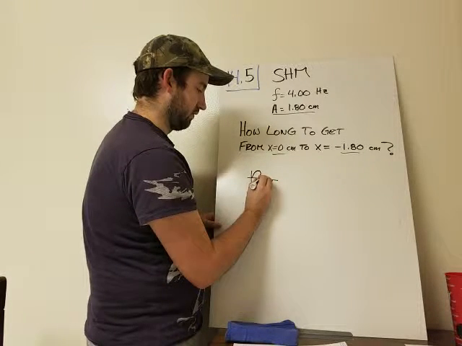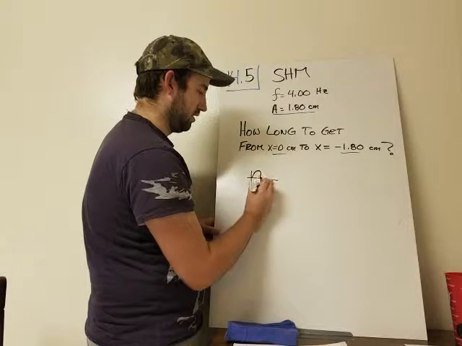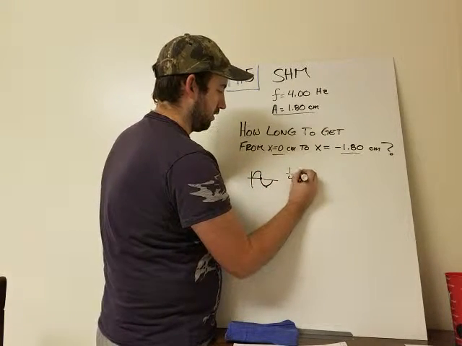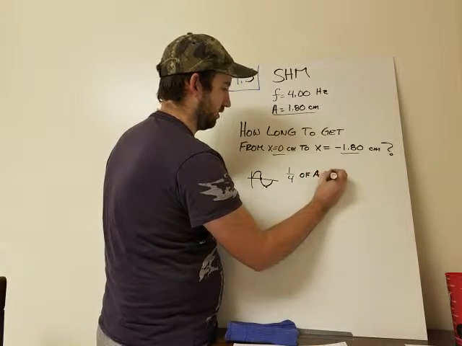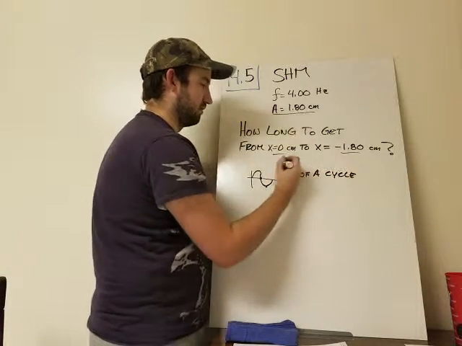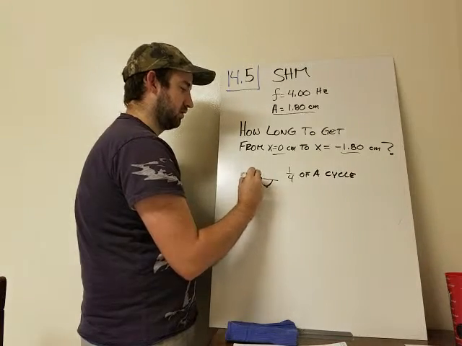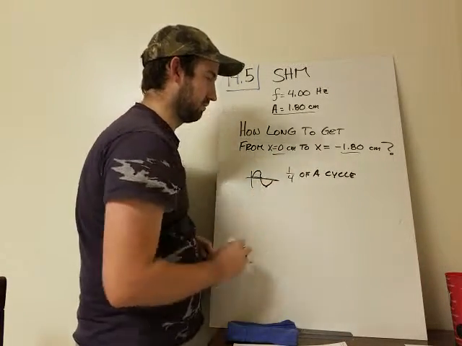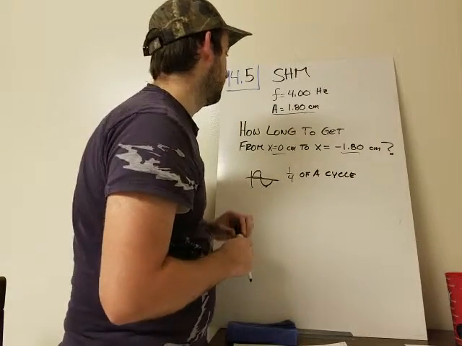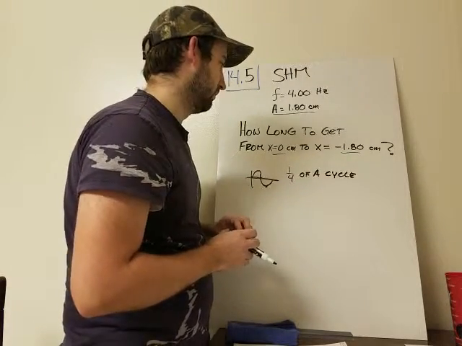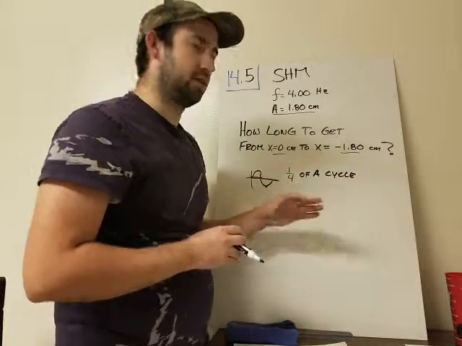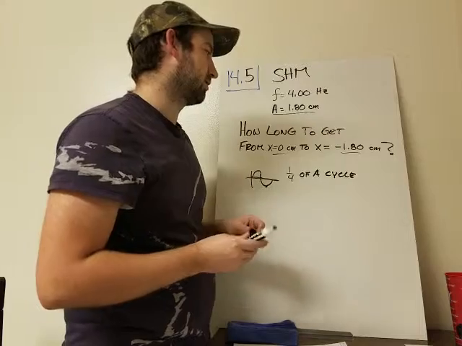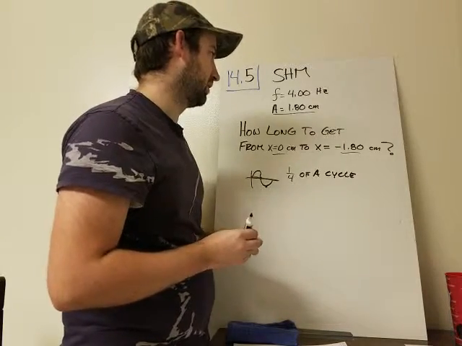But if it's only going from here to here, that's only 1/4 of a cycle to get from the median, the middle, which in this case is 0, to the extreme. So we know that it's going to be 1/4 of a cycle, but we don't know how long a cycle is quite yet. So we need to find the period.